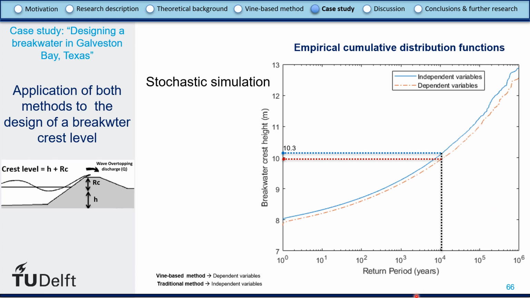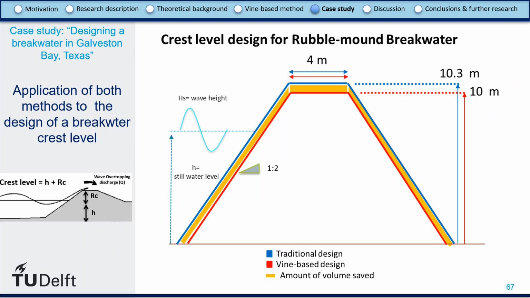So we can see here that for a return period of 10 to the power 4 years, we get a larger value for the traditional approach, where the variables are assumed to be independent, than for the vine-based approach. These results are illustrated in this figure, where we can see the amount of volume saved that would result from the crest level results we got.